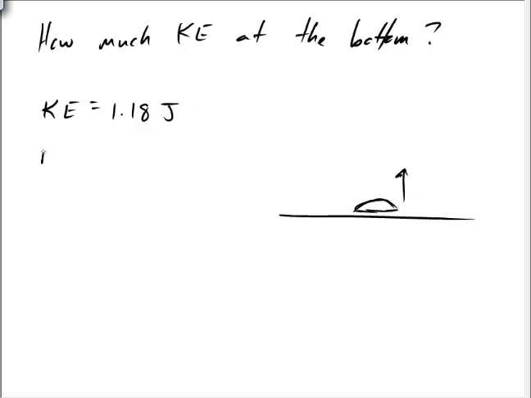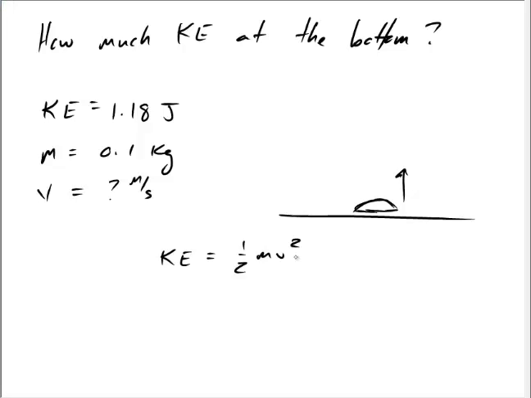We know the mass to be 0.1 kilograms. And a logical question would be, how fast was it going as it left the table? Well, I've got an equation, right? KE is half mv squared. I know that the kinetic energy at the top is 0, because it's not moving.